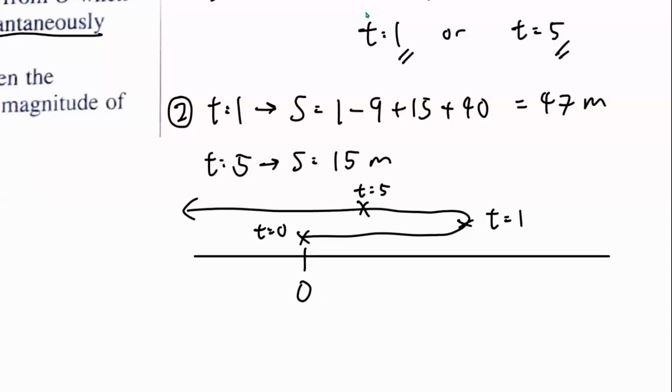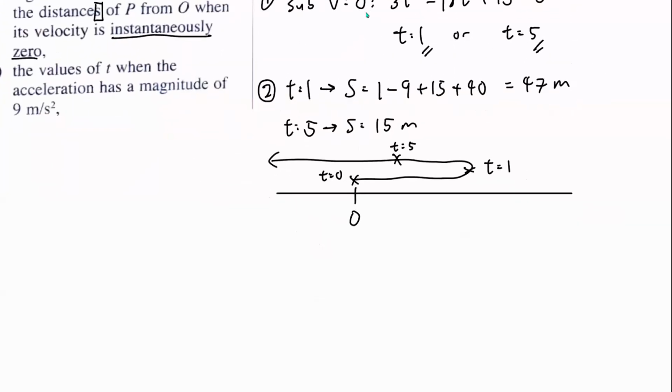Why do I pick these 3 points as t equals 0, 1, and 5? Because when t equals 1, the displacement, how much? 47. Positive, right? Then when t equals 5, displacement is how much? 15. Positive. Does this diagram make sense?